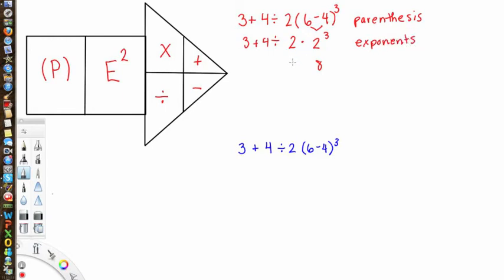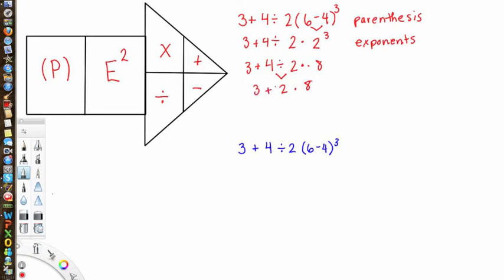We bring down the rest of our mathematical information. Then we look for multiplication and division, and we have both. We will do our division first, because it comes first, left to right. 4 divided by 2 is 2, times 8.